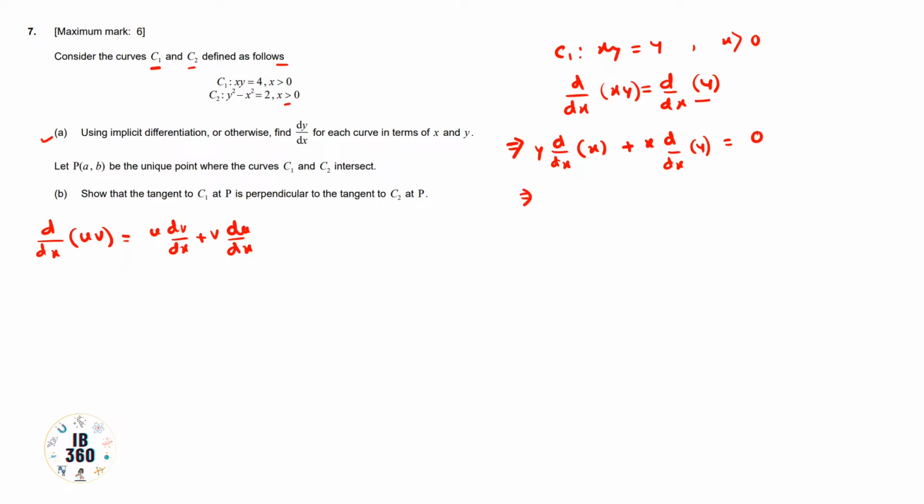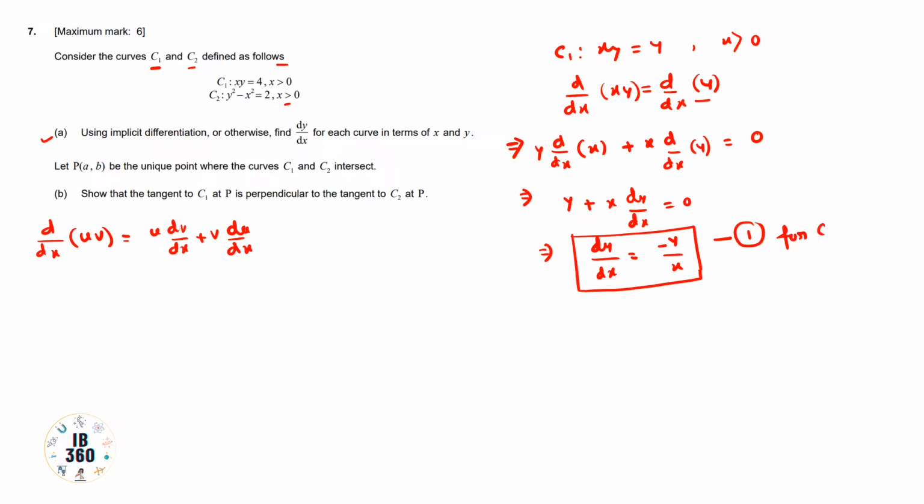So from here we are getting y plus x dy/dx, because y itself is a function of x, equals 0. So we are getting dy/dx equals minus y by x. So this is for the first case, that is dy/dx equals minus y by x, for C1.